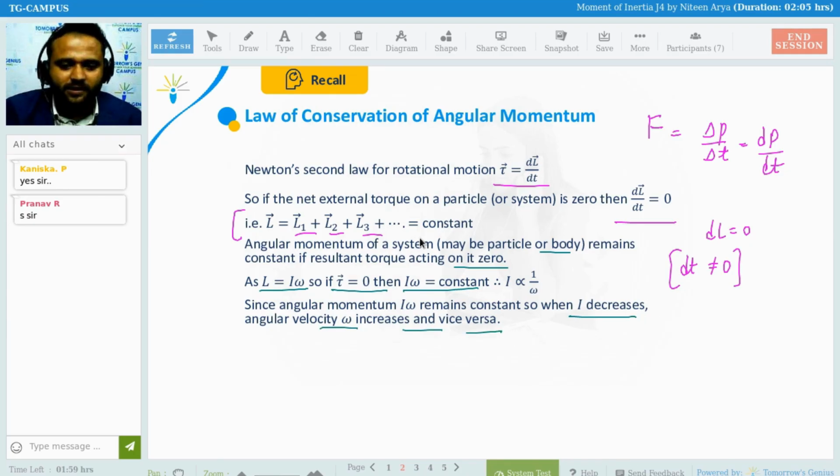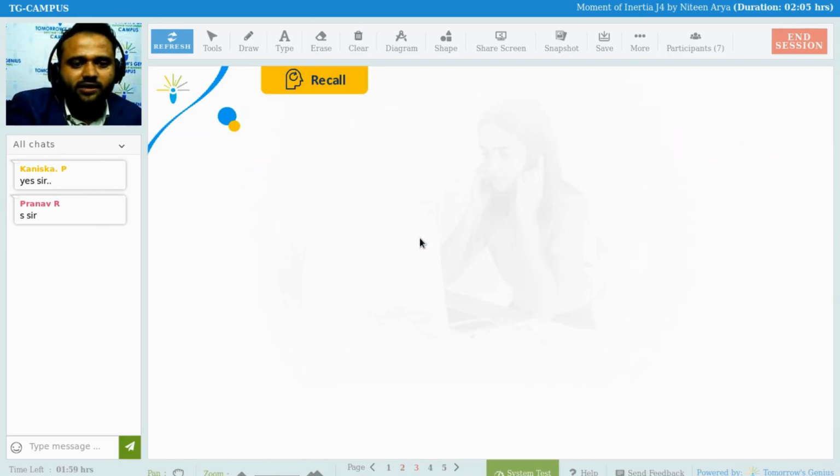Okay, so that is the simplest thing. Where I is the moment of inertia, let's talk about it for a particle.